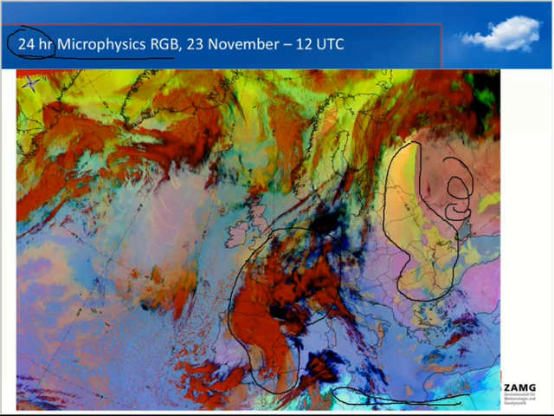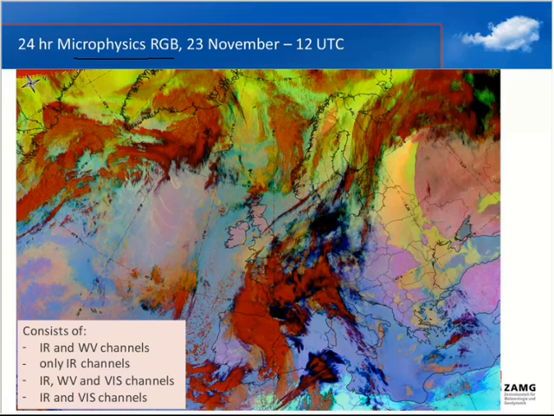So just a small wake-up question. I hope you've all heard of the 24-hour microphysics RGB before. So you know that there are different satellite channels or different satellite channel combinations on the three color beams, red, green, and blue.